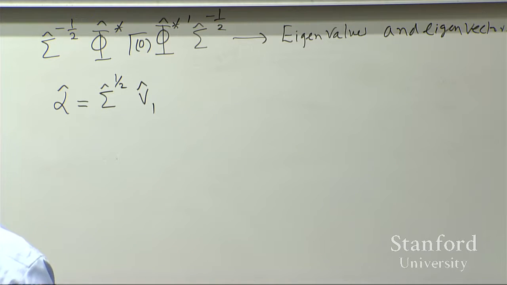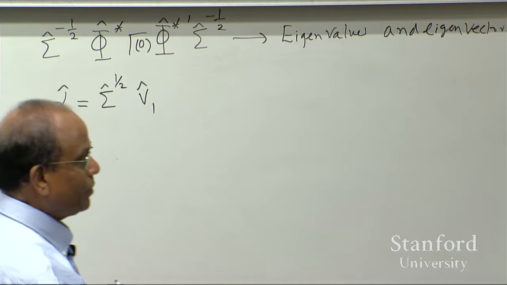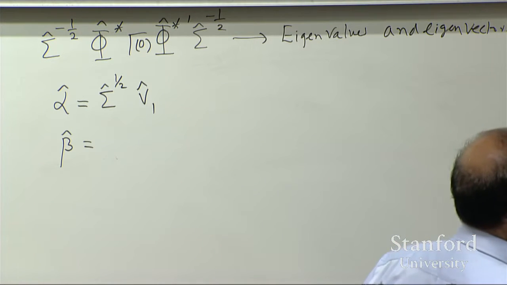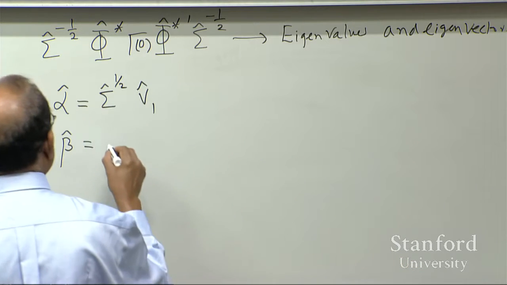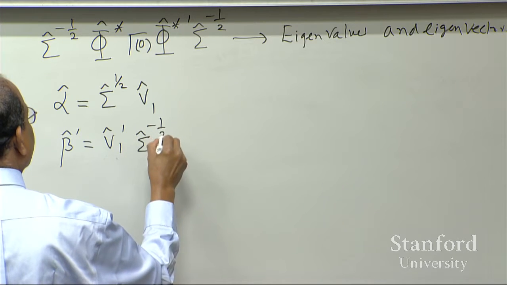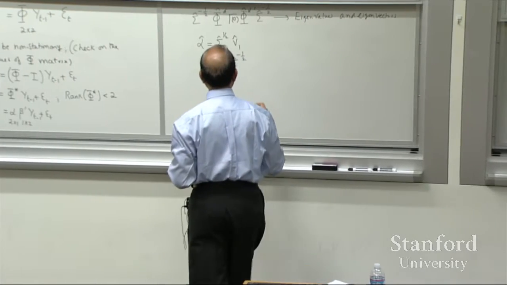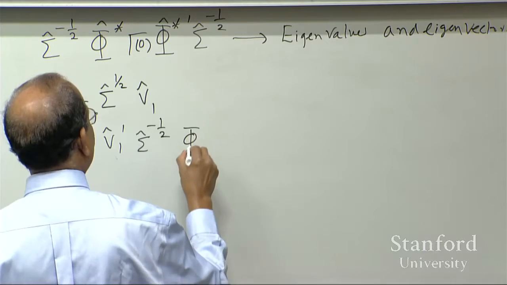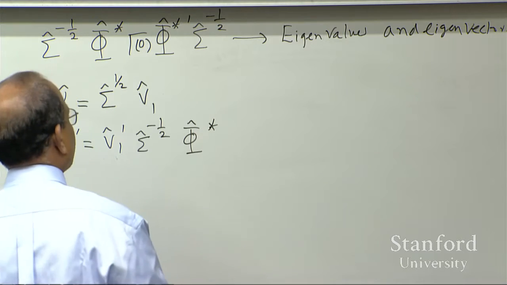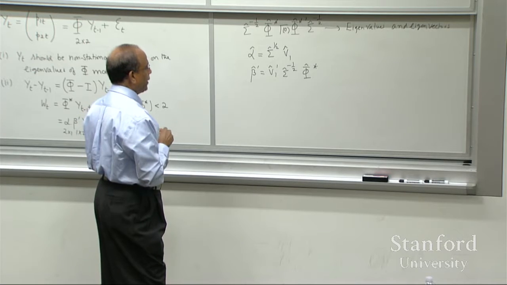B hat 1 is the eigenvector that goes with the first eigenvalue, and then beta hat prime is going to be v1 prime sigma hat to the power minus f times the C hat matrix, which is nothing but pi hat star. So that is how you calculate this alpha hat and beta hat.